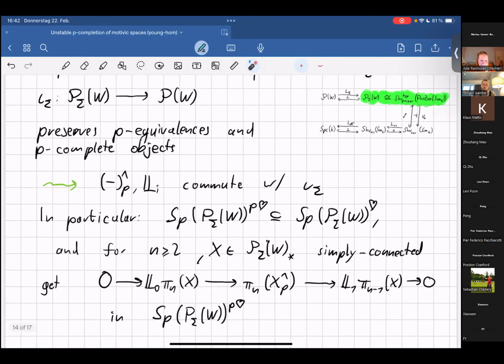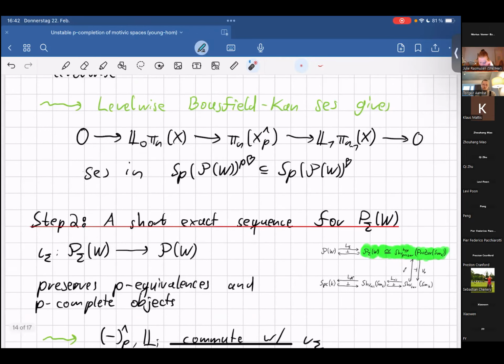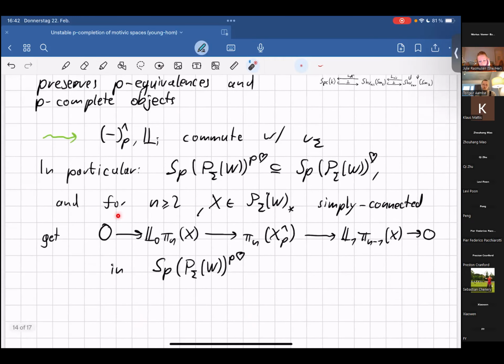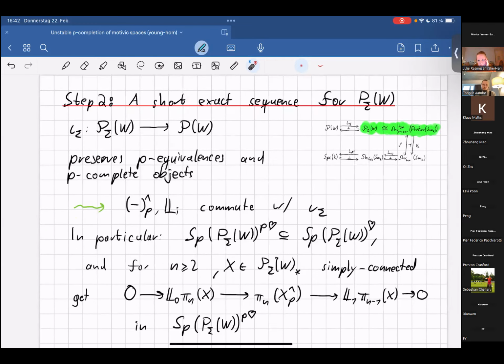And in particular, we again get that this p-adic heart of the stabilization of the P sigma guy is living in the normal heart. And then we can use the same sequence from here. And if we start with something in P sigma here, then everything here lives also in this P sigma world, and we get this short exact sequence here. Okay, this is the not so important and easy part.